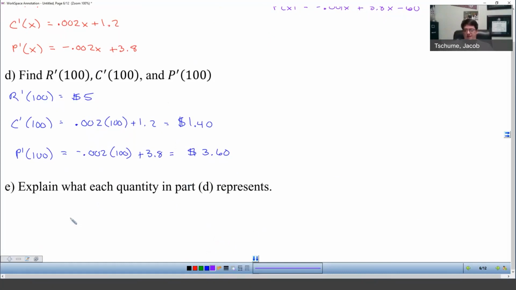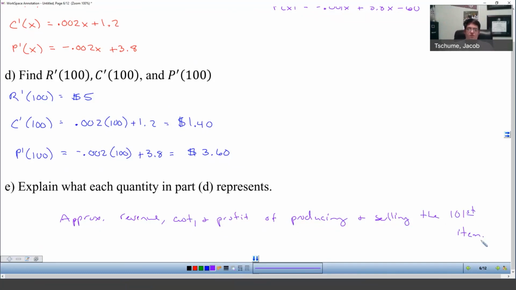So what this is, is the approximate, and that's the key word, the approximate revenue, cost, and profit of producing and selling the next item. Now remember, this approximates selling the 101st item.